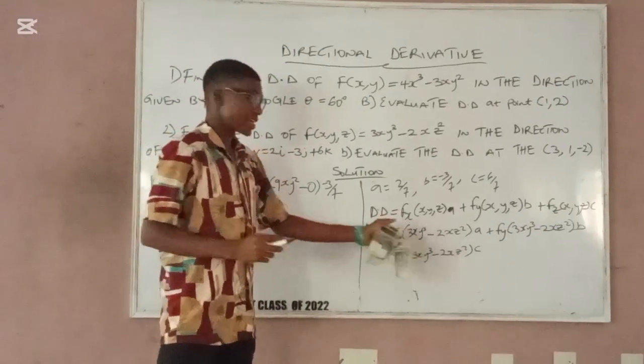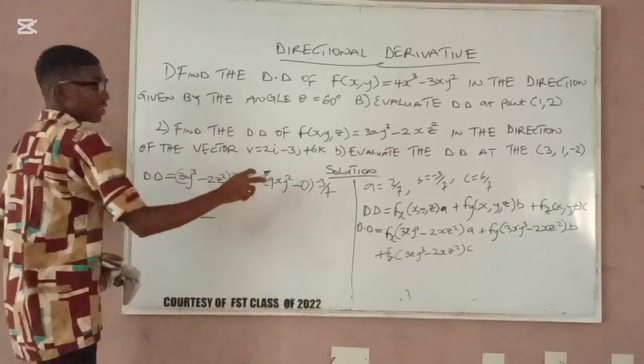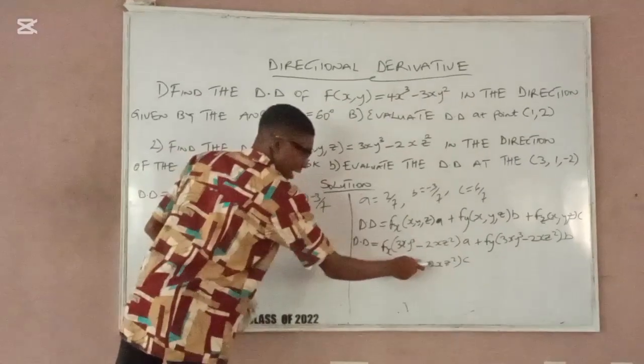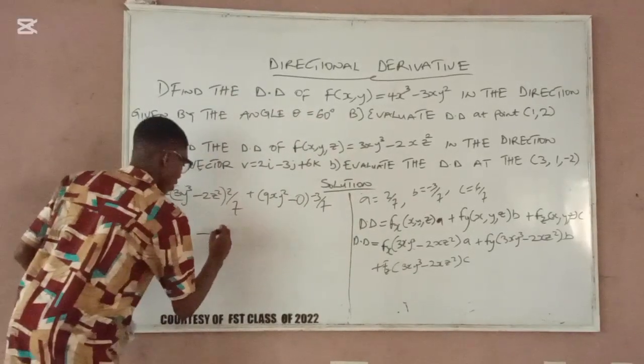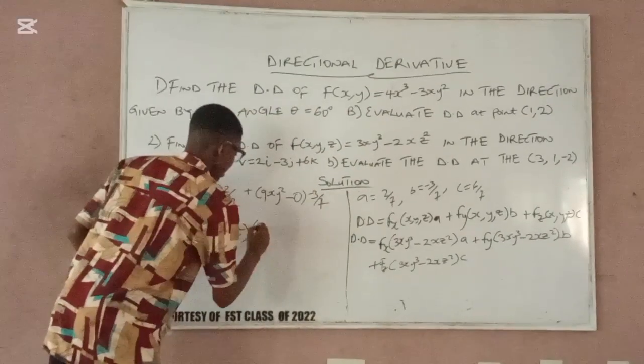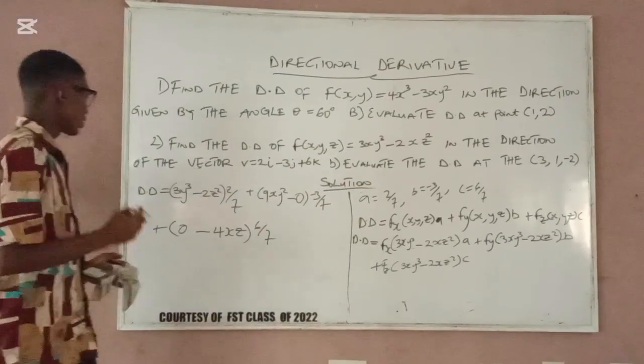What is the derivative with respect to z? The first part has no z, so it is 0, minus 2xz squared. The derivative of 2xz squared is 2 times 2z, so we have 4xz. c is 6 over 7.